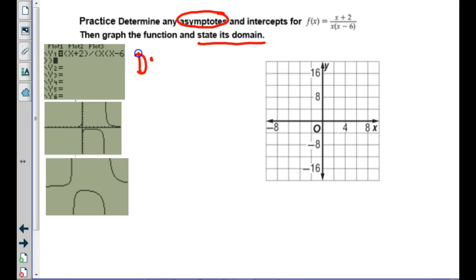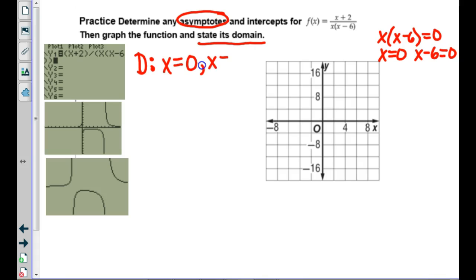The domain is all real numbers except x cannot equal. Be careful. What two numbers would make the denominator 0? x equals 0 and x minus 6 equals 0 means there's a 0 at this or this. So we have 0 and 6.